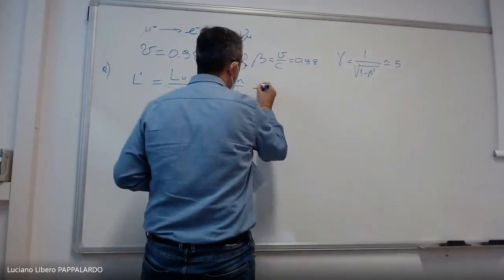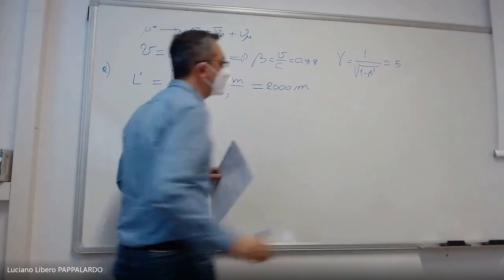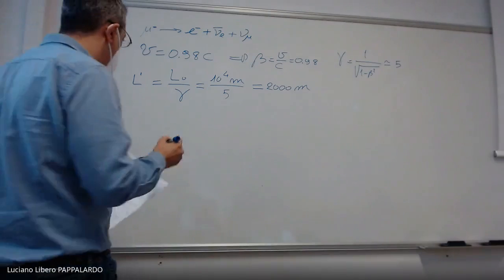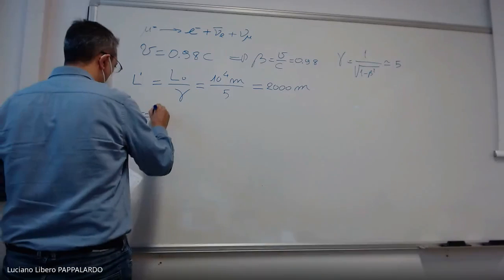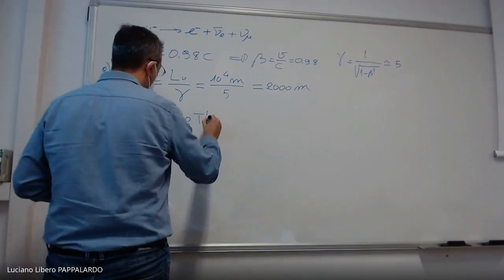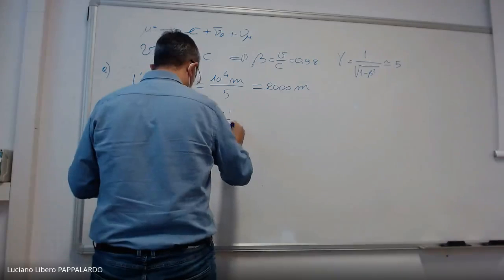So the thickness of the atmosphere seen by the muon is just 2,000 meters. All right? Now let's calculate the time that the muon needs to reach the Earth's surface. We know that the velocity is space over time. So we derive t prime as L prime over v.